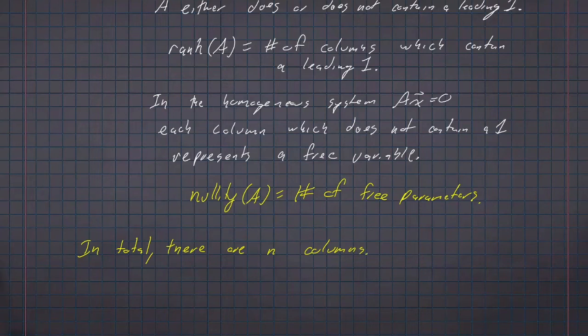And since each column either does or does not contain a leading 1, no columns get counted twice, no columns get missed. So rank plus nullity is equal to n. That takes us to perhaps my favorite theorem to prove in this course.